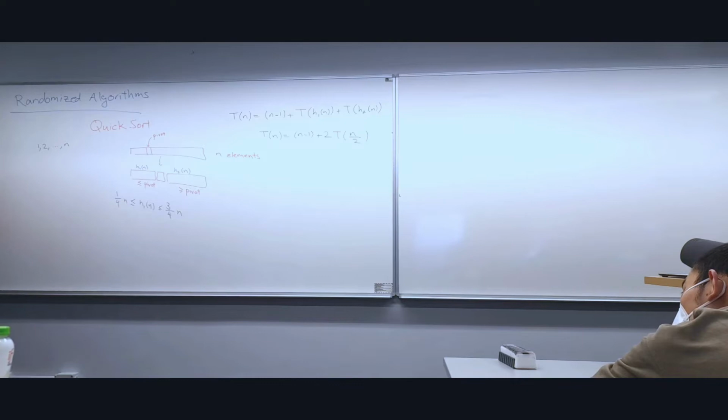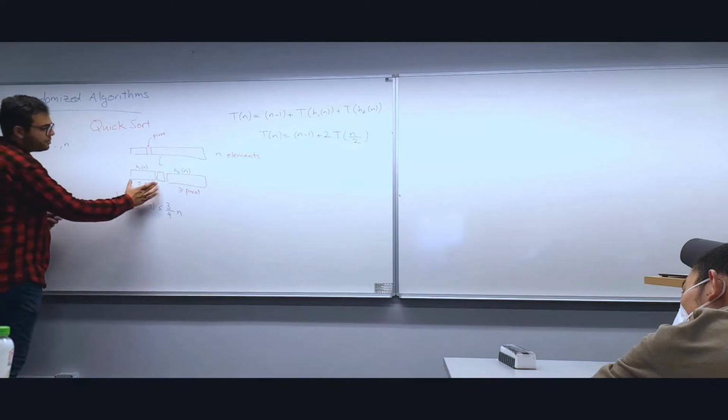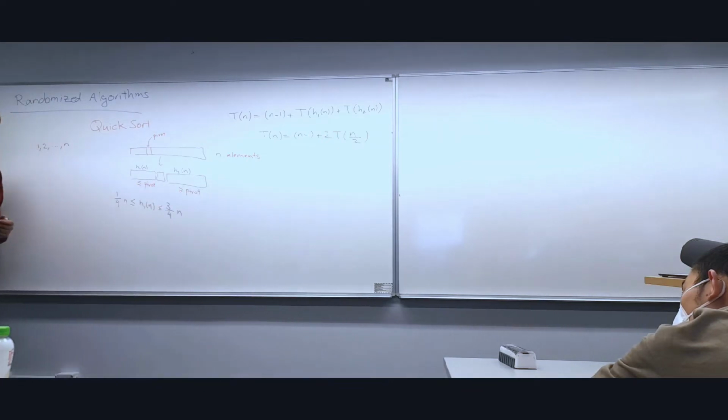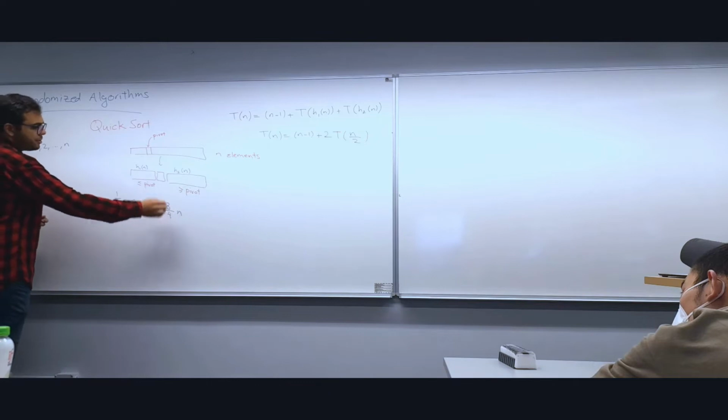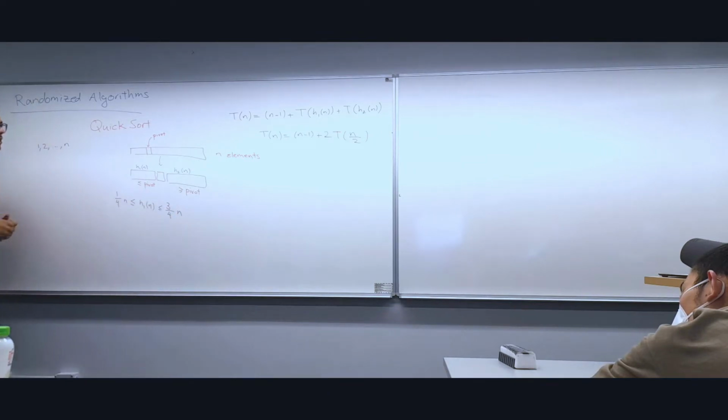Okay, so I'm not finding the best possible pivot here, but I'm saying I don't want any of the two parts to be too small. So I can have a situation where this one shrinks as much as 1/4 of n, and I can have a situation where it grows as far as 3/4.